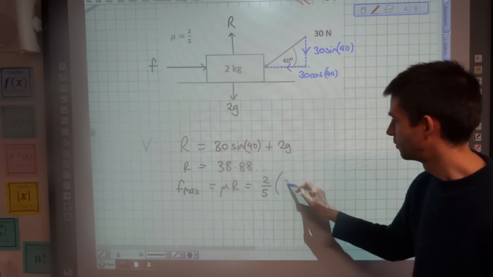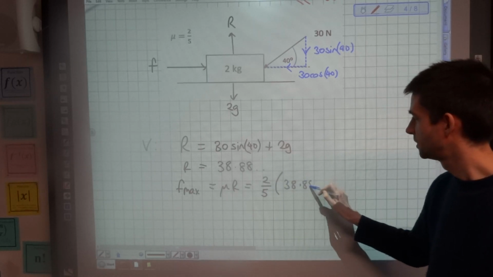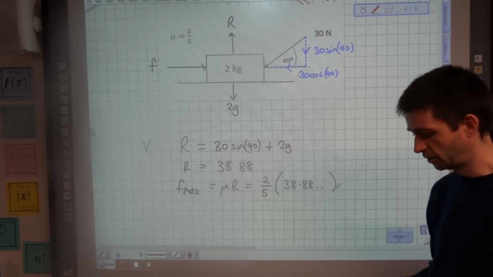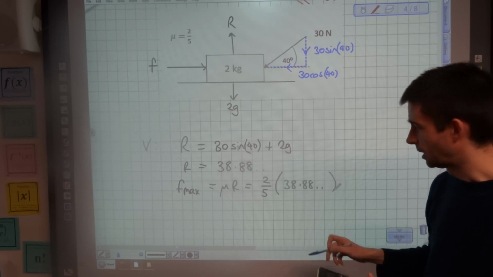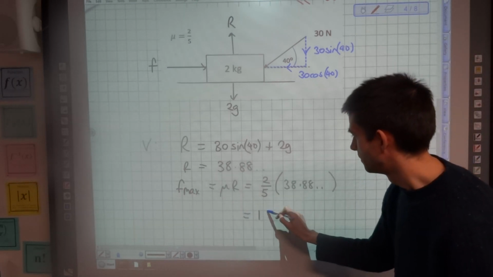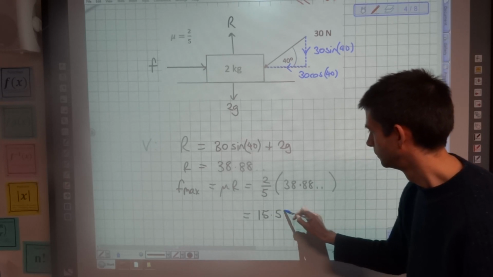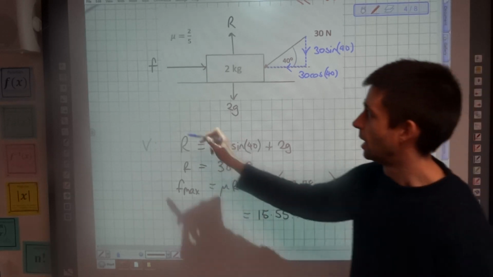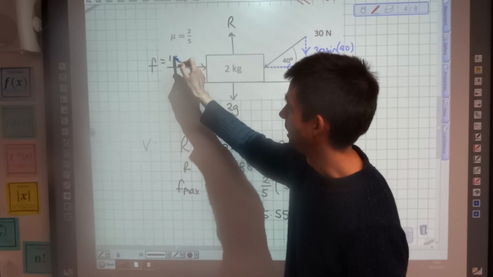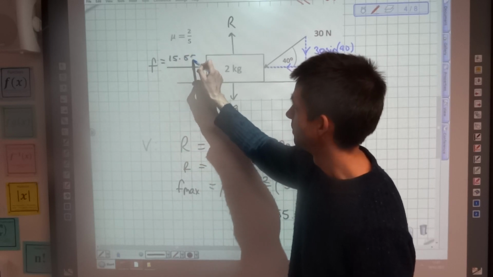So the maximum that friction can be is going to be 2/5 multiplied by the normal reaction force, which comes out to 15.55 newtons, which I'll just label on my diagram.